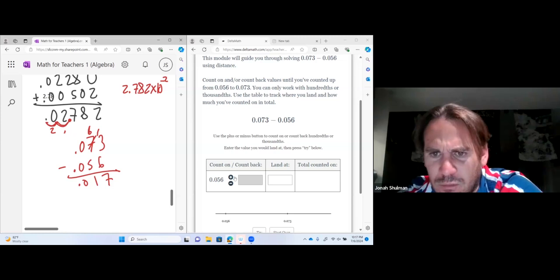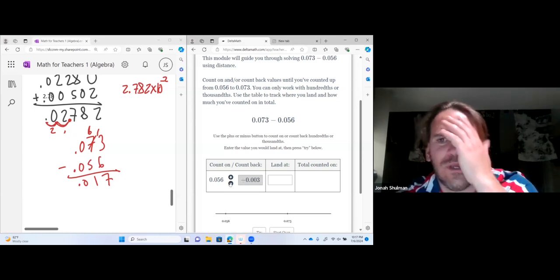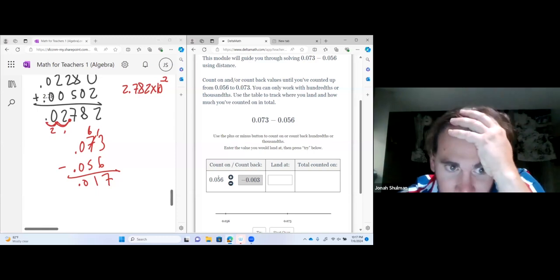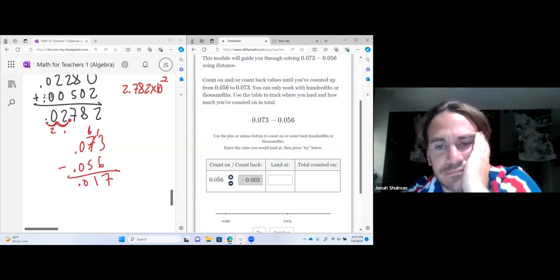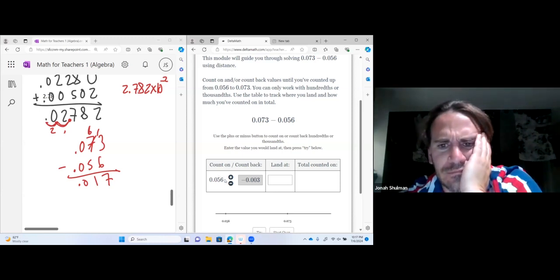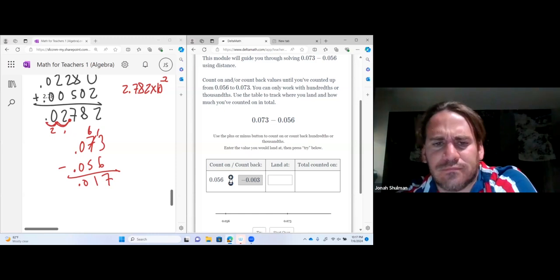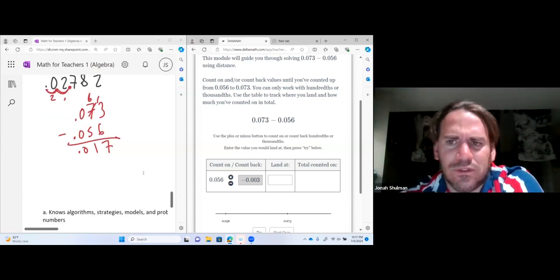All right, but can I go backwards? I could always add the opposite. All right, so if we have 0.056 and we want to take away stuff, what's another way of writing this?